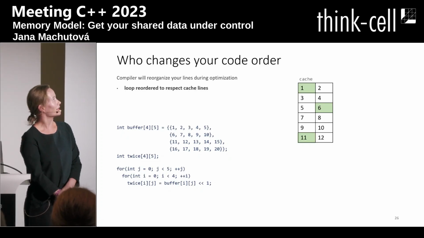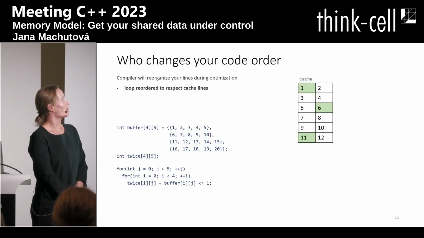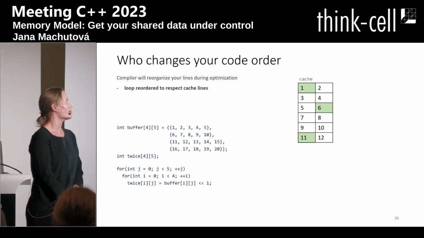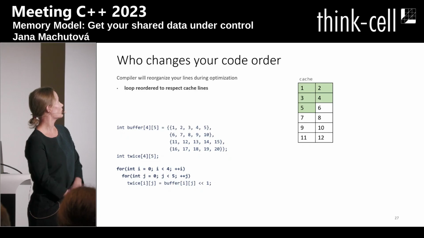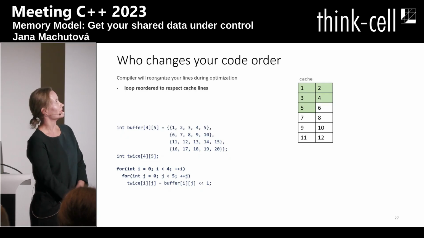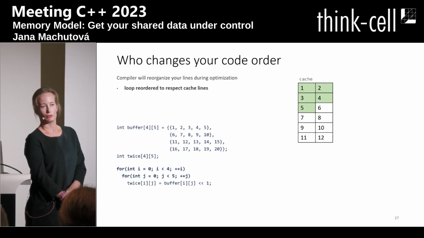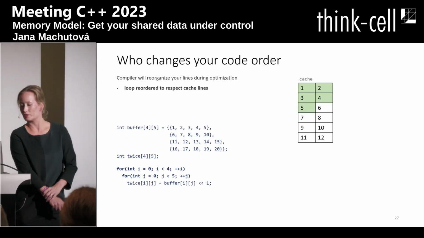What will happen in the cache? You will get one value from one cache line, another value from a very different one. And what will the compiler do for you? It will just switch those for loops, and now you have it pretty aligned, and the memory impact will be much lower. So that's the first example.